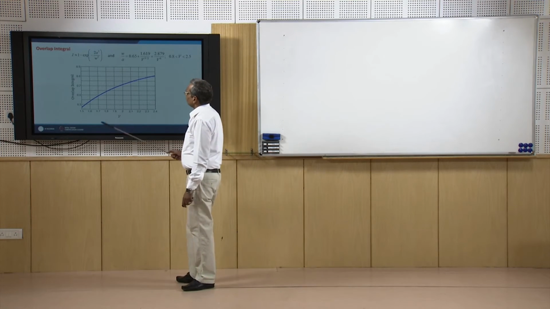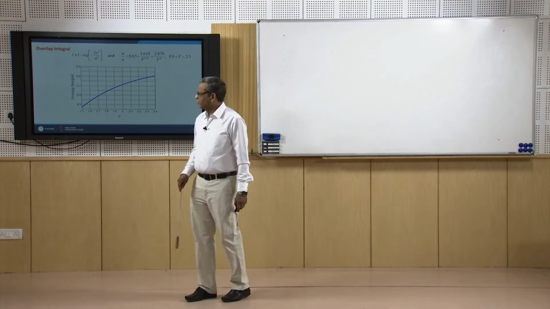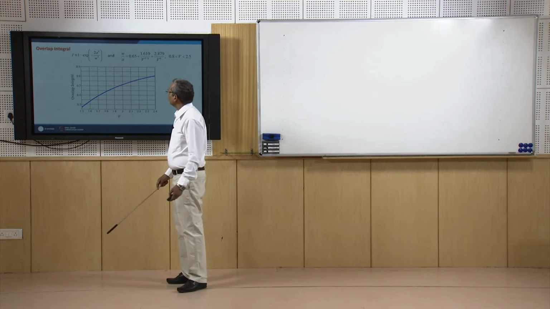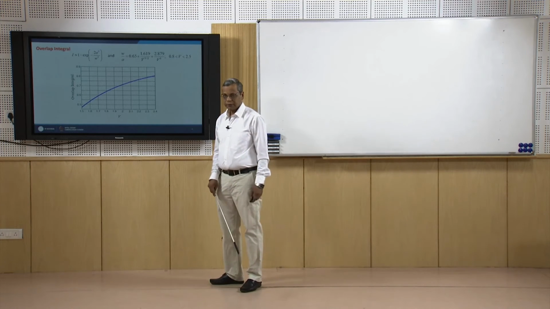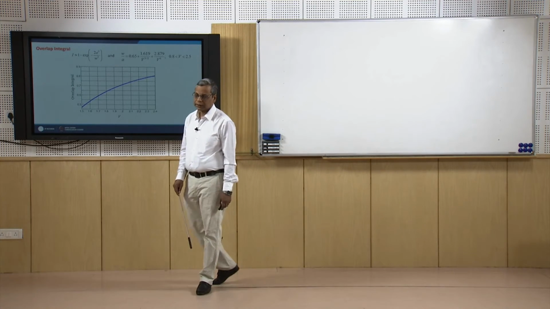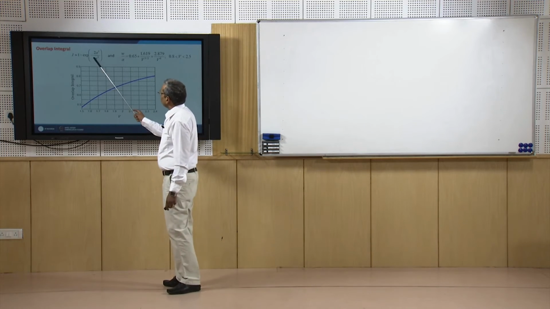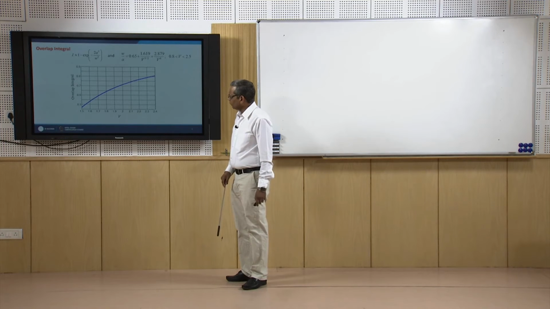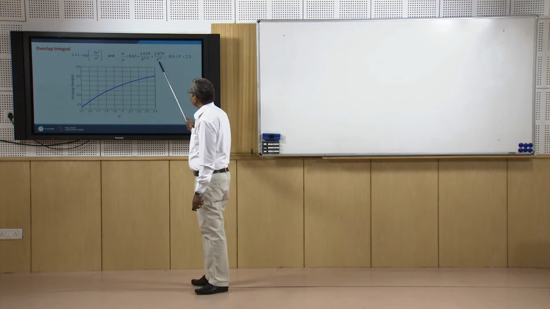So, in order to find kappa, I need to find the overlap integral, which is this, and you can see that it depends only on fiber parameters. What is the mode spot size, the Gaussian spot size, and what is the core radius? It involves minus a square over w square, and I know that for a given fiber w over a varies with V like this.